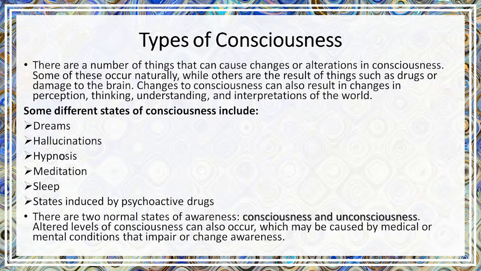Some different states of consciousness include dreams, hallucinations, hypnosis, meditation, sleep, and states induced by psychoactive drugs. There are two normal states of awareness: consciousness and unconsciousness. Altered levels of consciousness can also occur, which may be caused by medical or mental conditions that impair or change awareness.